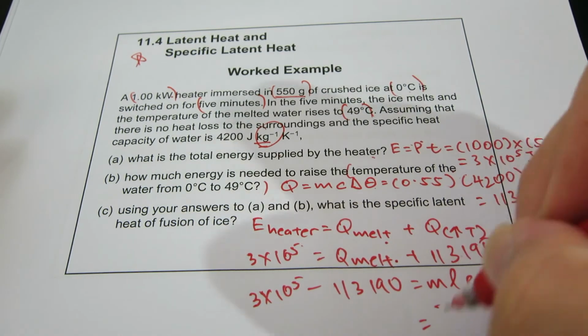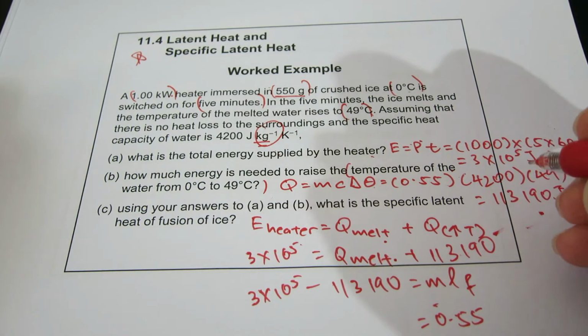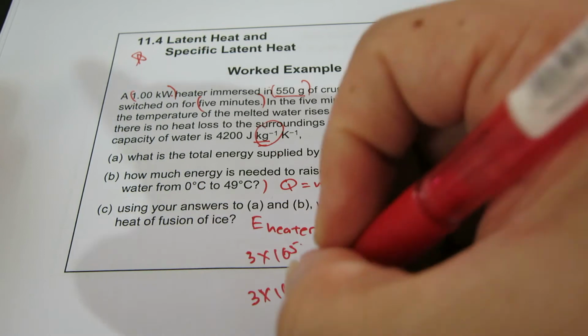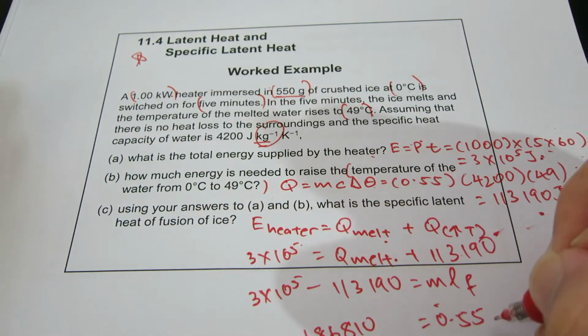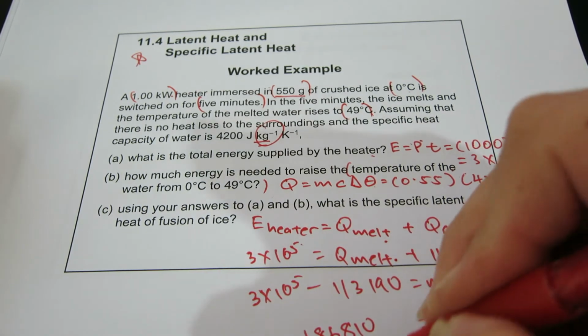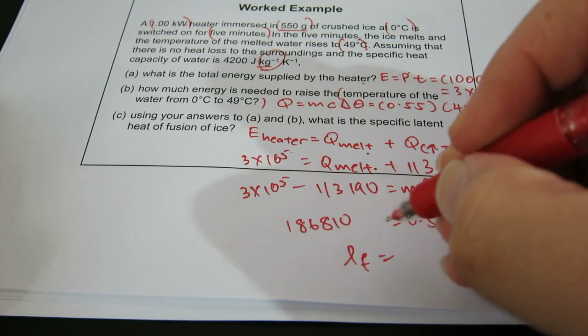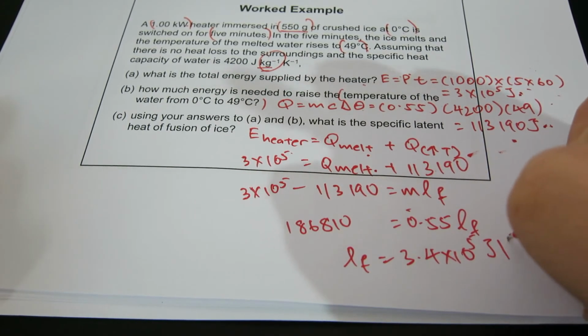Alright, so this one is 0.55 kilogram of ice. Then you subtract, and you get the value 186810. Then simply calculate the latent heat of fusion. Then it's 3.4 times 10 to the power of 5 joule per kilogram.